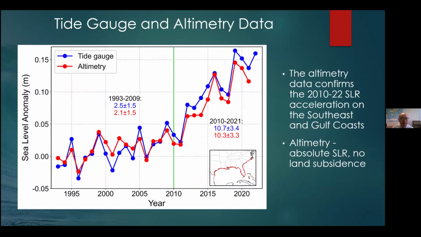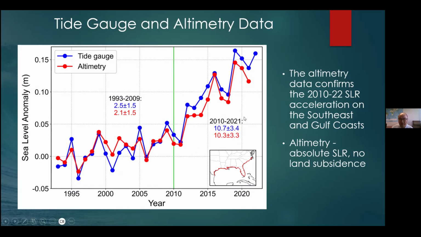Okay, so this plot compares the tide gauge data and the altimetry data for the southeast and the Gulf Coast. We know the tide gauge measures the relative sea level, including the land subsidence signal. But the altimetry data measure the absolute sea level, with no land subsidence signal.